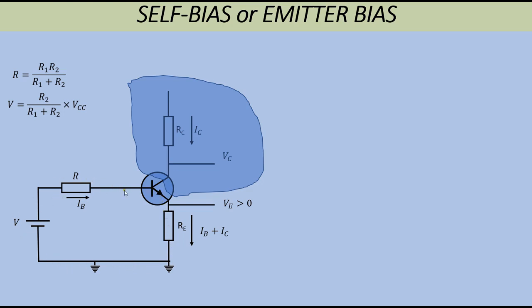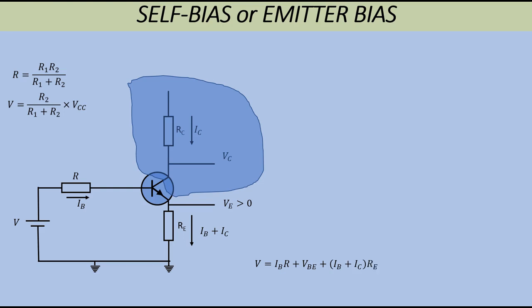I'm now going to apply Kirchhoff's law to this circuit, and we end up with V equals IB times R plus VBE, the voltage across the base emitter of the transistor, plus IB plus IC times RE.